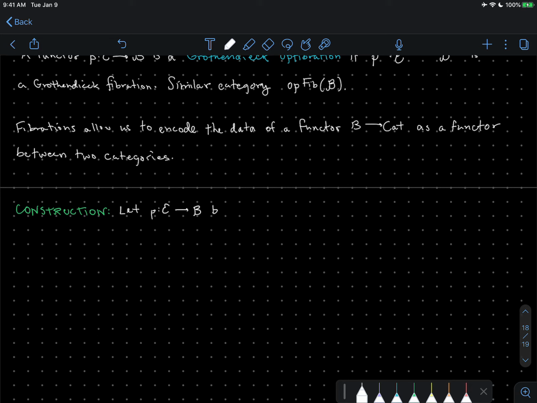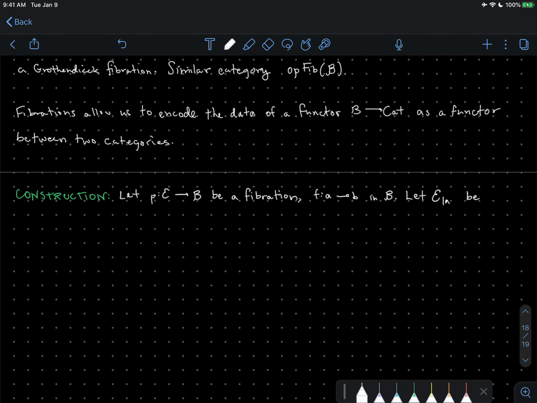So let's start with a fibration. I'll leave the word Grothendieck understood. And let's pick a morphism f in B. Let's define the category E sub A to be the pullback of our fibration P over the inclusion.